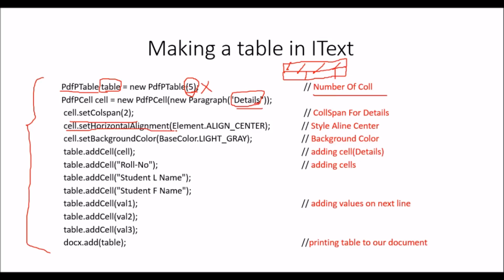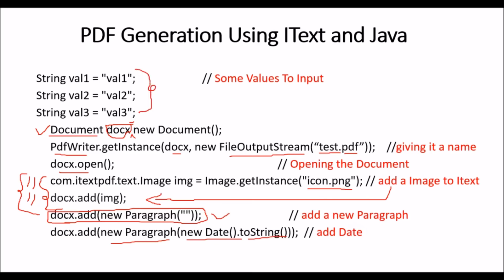This is for the alignment of the text, which is center, and I'm adding a cell to my table, which is my PdfPCell. Then I'm going to add some columns like roll number, L name, and F name, and the values which I have already declared, value 1, 2, and 3.